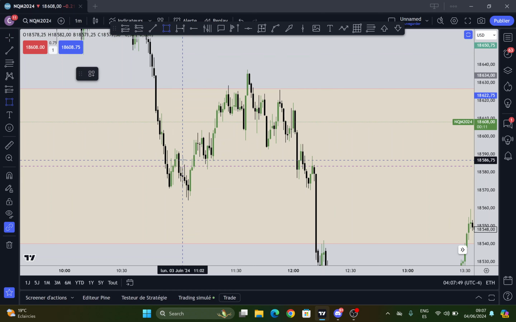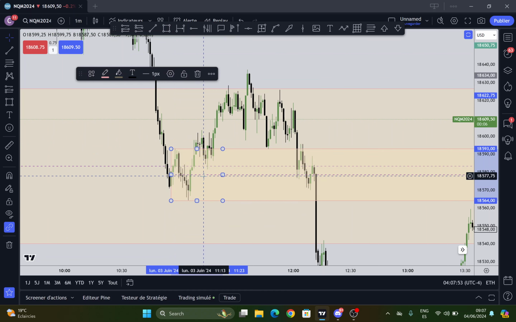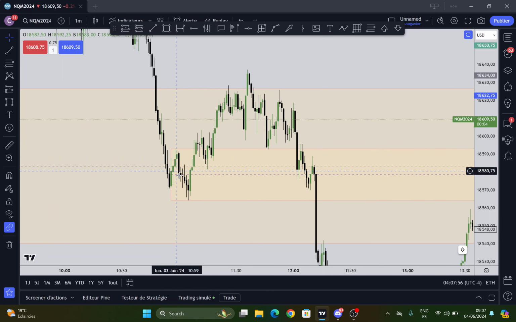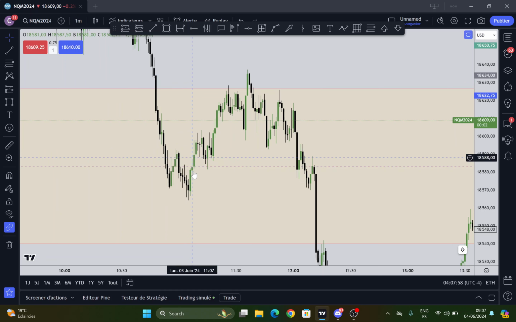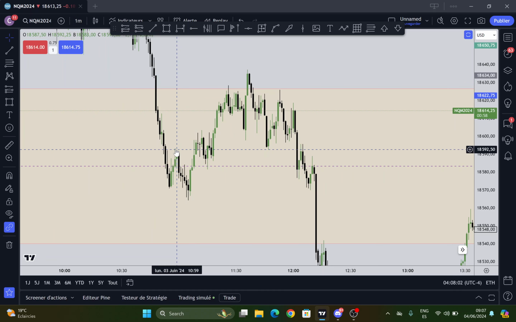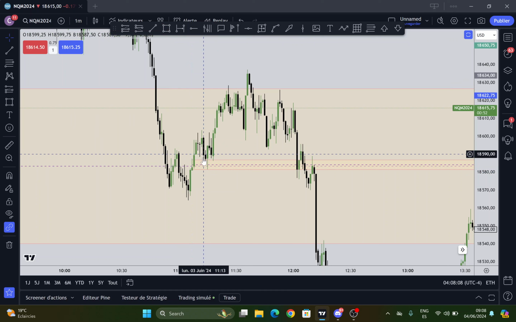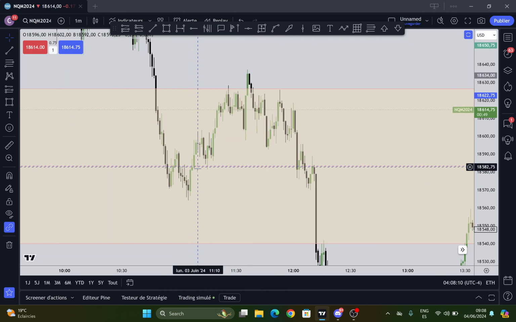So this was a flip, right? But we never came back actually to the 50%, right? And the SNDR, or the zone that was responsible for liquidating this high, held this fractal. So price went long from it, right?